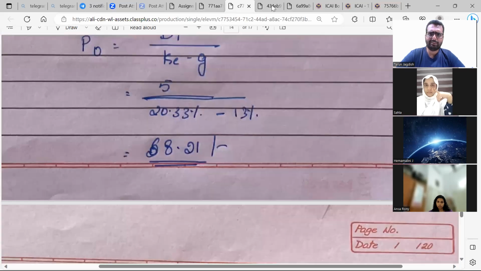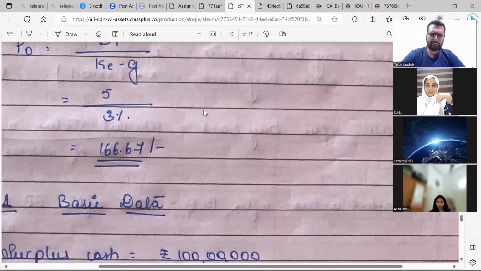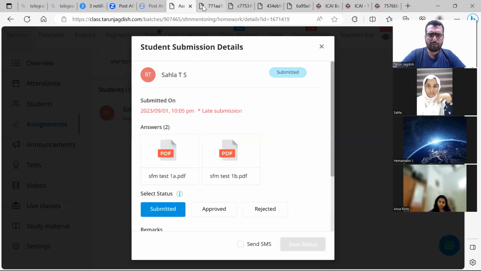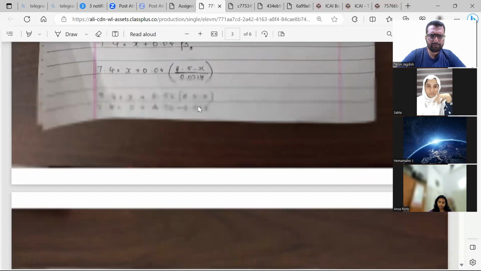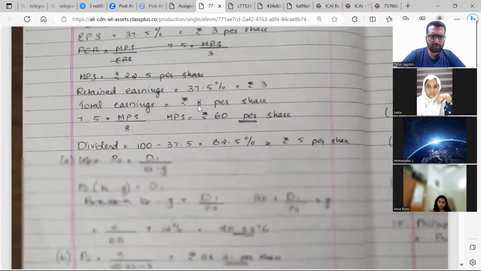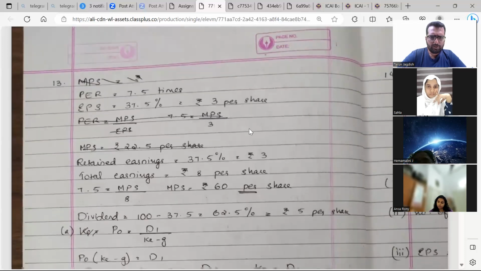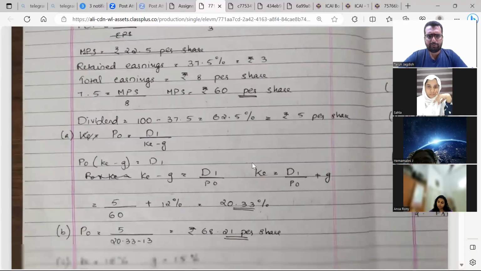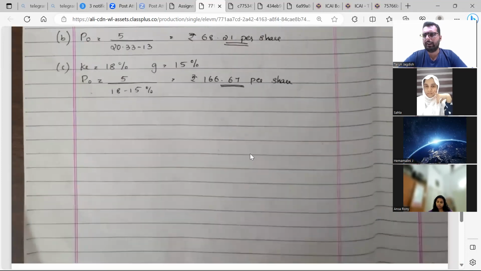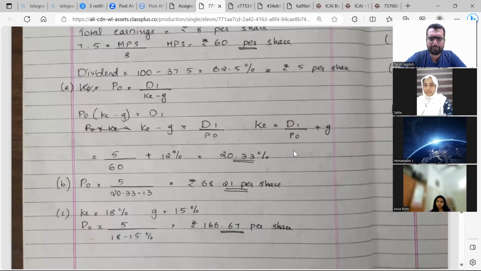Last one, 166.67, that's correct. Sahela, let me check yours now. You got the answer as 5 rupees per share. First one, 20.33, 68.21, 166.67. Sahela, you can give yourself full marks for that, okay? All right.